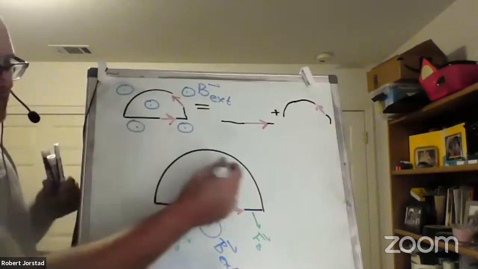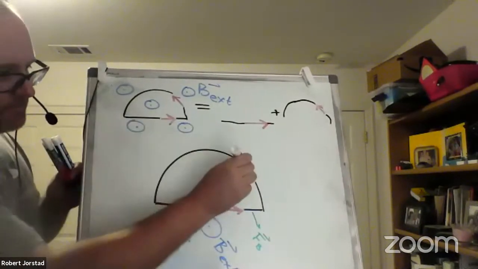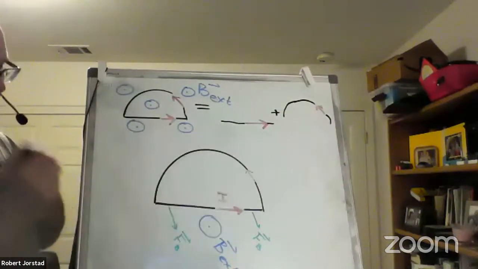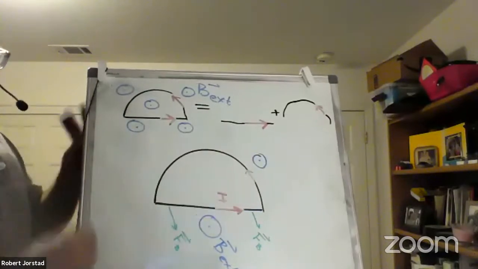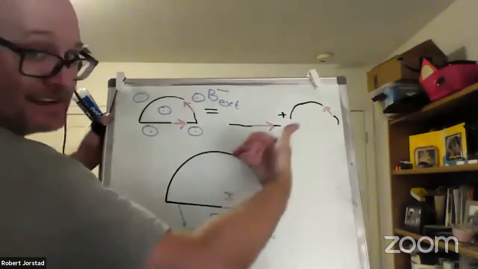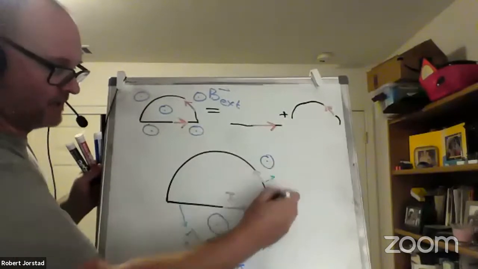Now up here, how about on this segment of the wire? In this case, again, B field is this way. I goes to B, it's this way, right? It's off at some angle. So we see that this one's always going to be pointing like this.